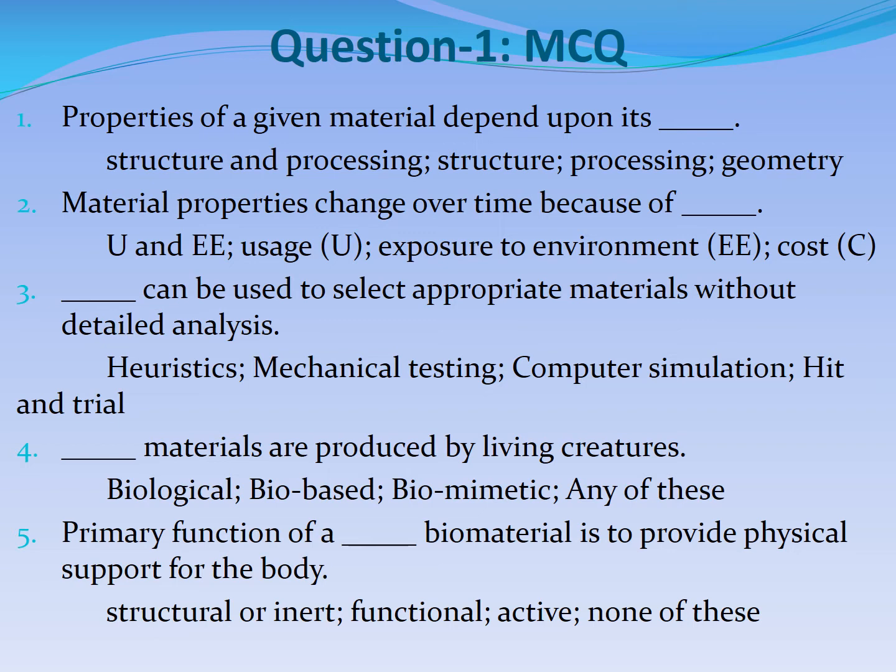So this is structural or inert biomaterial, of course not functional. Functional biomaterial or active biomaterial is like lungs and heart, which do functions. So these were some examples of multiple choice.